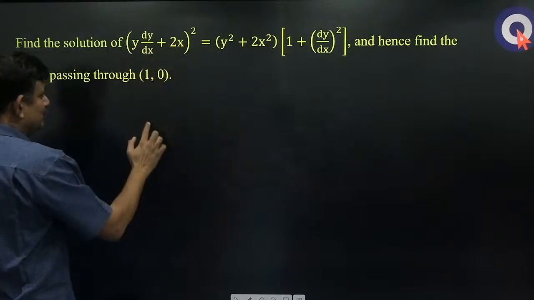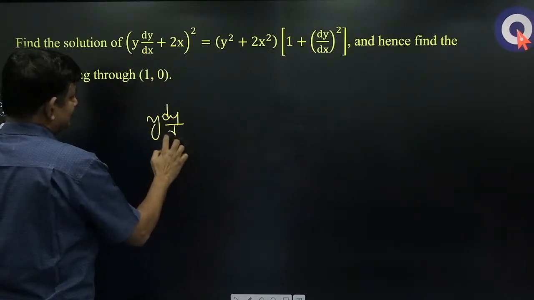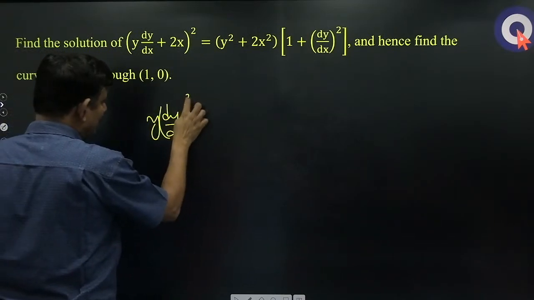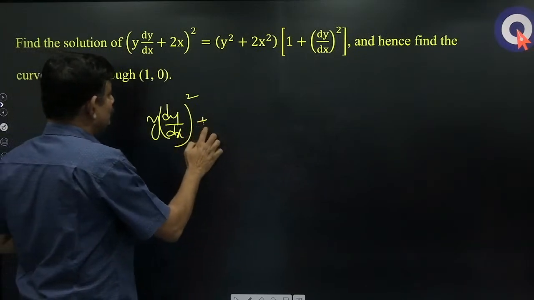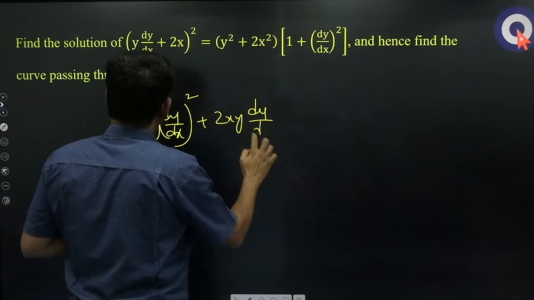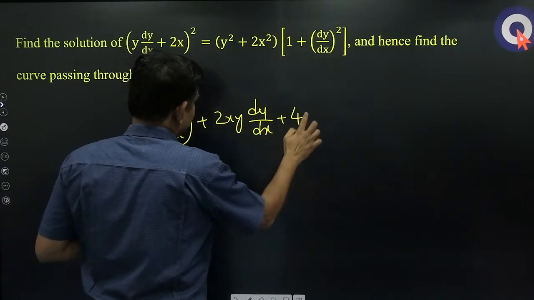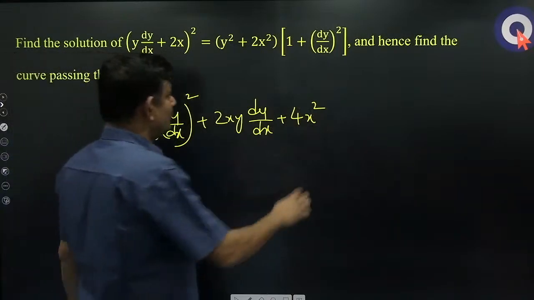Sometimes you will get such questions, but it will be convertible to first order first degree. So I'll square the whole thing, dy by dx whole square. Usually I avoid writing dy by dx. I prefer writing y dash. It's up to you. This is square of this is equal to.